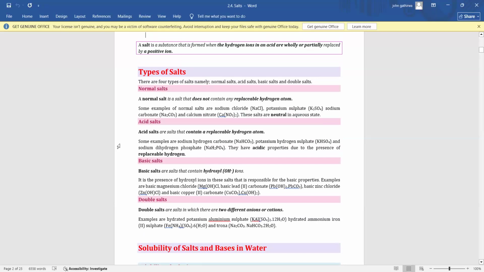How do the salts behave in water? The chlorides, which ones are soluble, which ones are insoluble? Denzel?